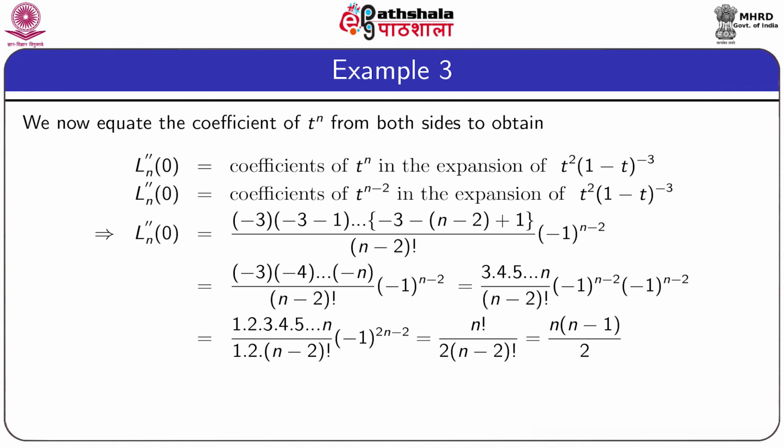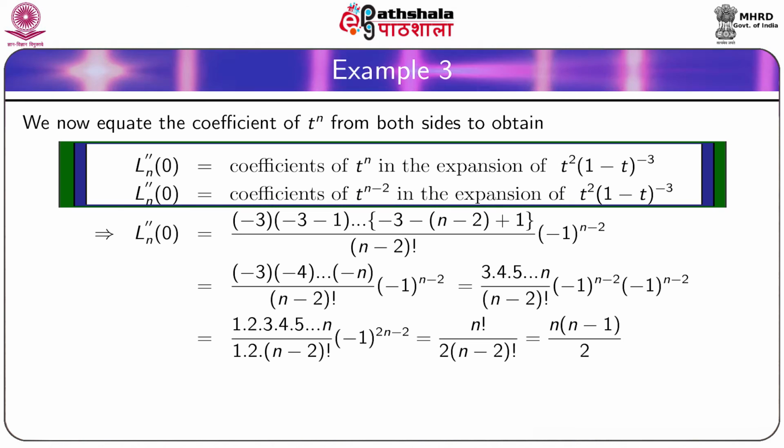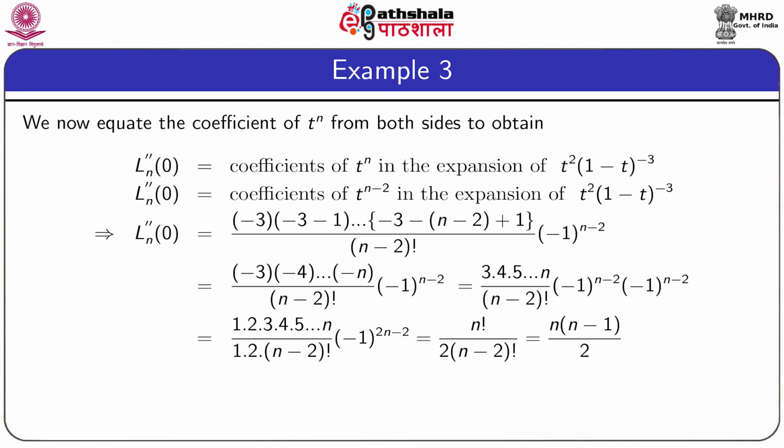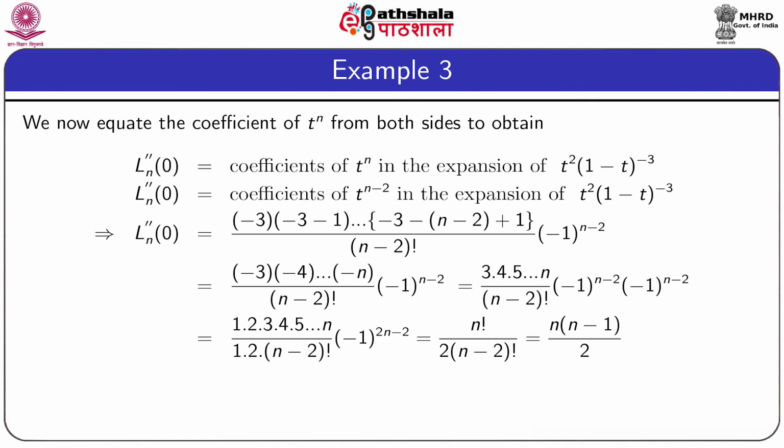Our next step is to equate the coefficient of t to the power n from both sides, for which we have to calculate coefficient of t to the power n in the expansion of t square into 1 minus t to the power minus 3, and this is given by minus 3 into minus 3 minus 1 dot dot dot minus 3 minus of n minus 2 plus 1 divided by n minus 2 factorial into minus 1 whole to the power n minus 2.